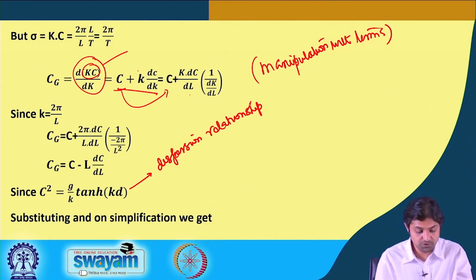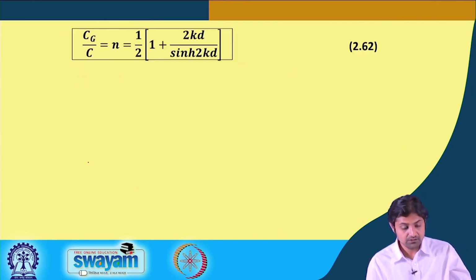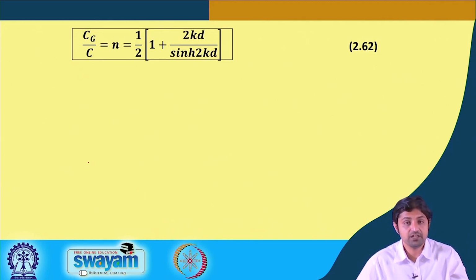If we substitute this c here and do dc by dL as well, we will get Cg by c is equal to n, where n is half into 1 plus 2kd divided by sinh 2kd.